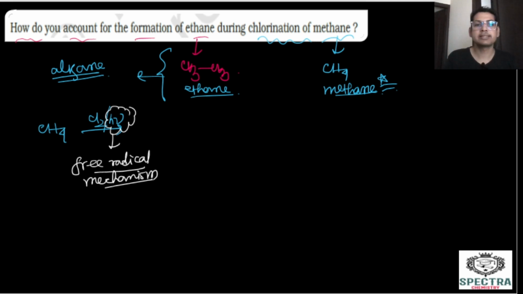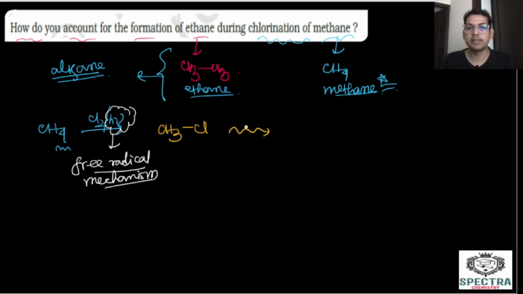Ultimately it's a substitution, so one of the hydrogens will be substituted by a chlorine. The product is CH3Cl. I have eliminated one hydrogen and added a chlorine, so it's a substitution reaction.